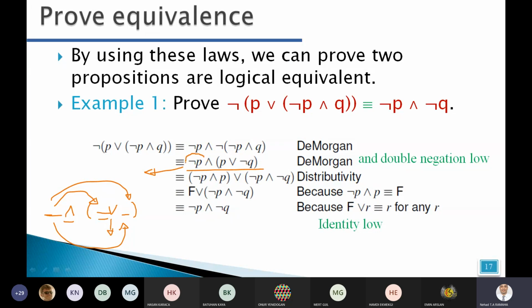Here, what I have outside and first side here, or I distributed this here, not P and not Q. Okay, this using distributivity law.